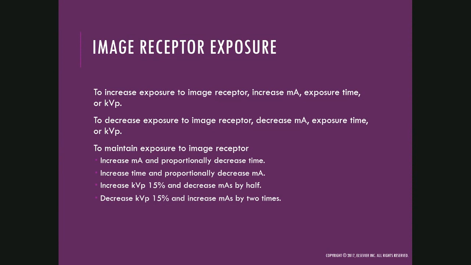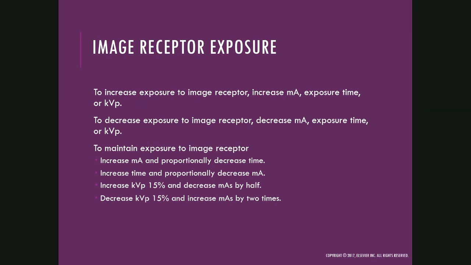So if I want to do a portable chest x-ray, and I think, okay, I'm going to use, let's say, 110 kVp, and I'm going to use 2 mAs. And I get up there, and the patient is going buck wild, right? I can leave my mAs the same, but increase my mA and decrease my time so that I have a faster exposure.